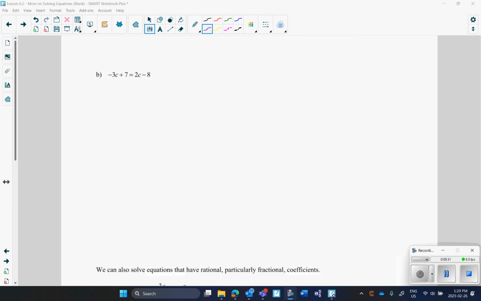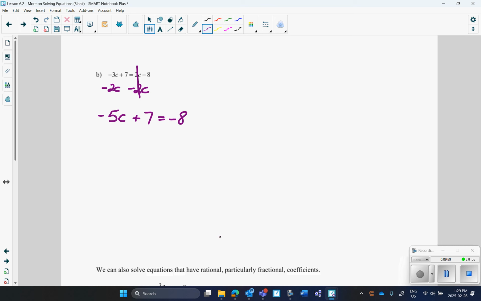So I'm thinking that most of you, the first step is subtract 2c. Subtract 2c. -5c plus 7 equals -8. So now the c's are together.